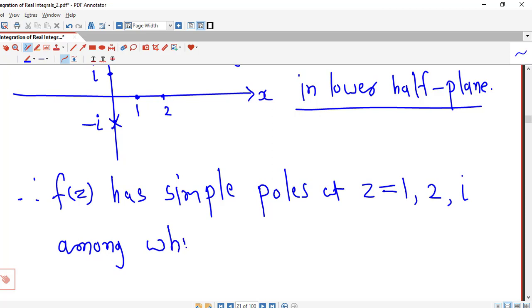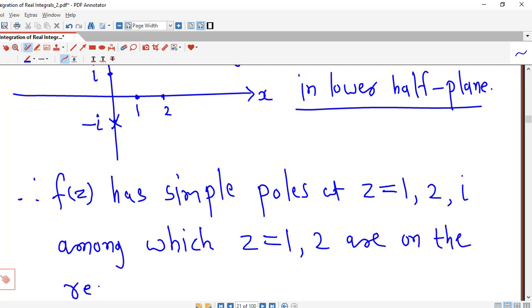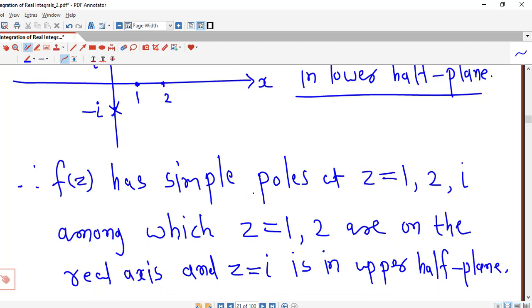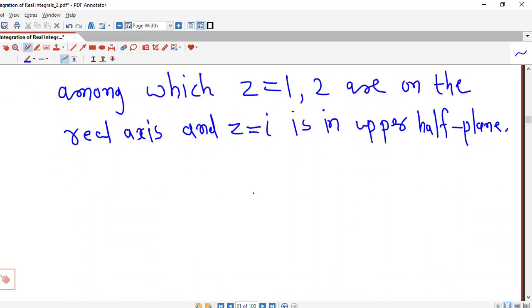So among these, z equal to 1, 2 are on the real axis and z equal to i is in the upper half plane, that is, it is above the real axis. So now we calculate residues of f of z at all these three simple poles.